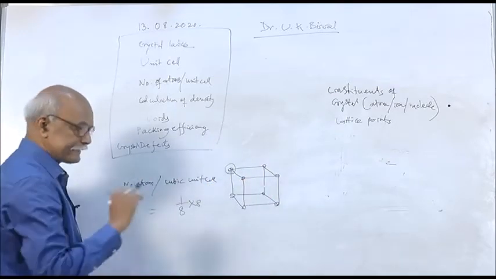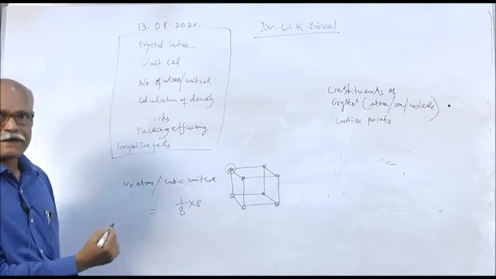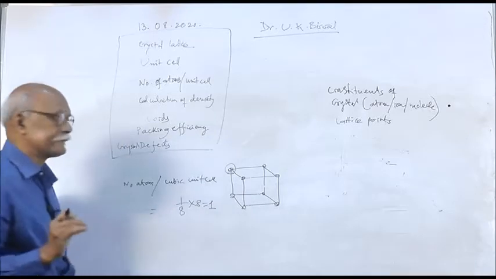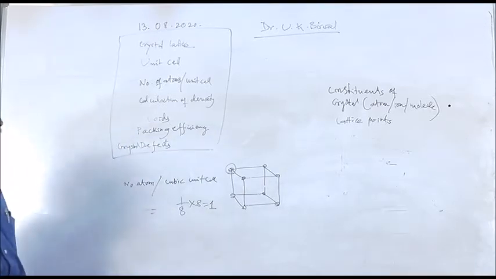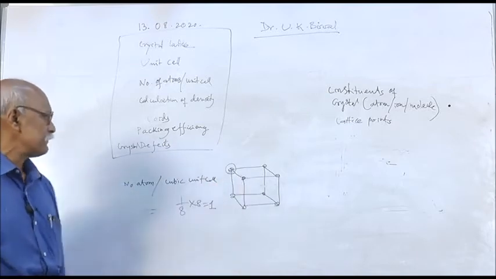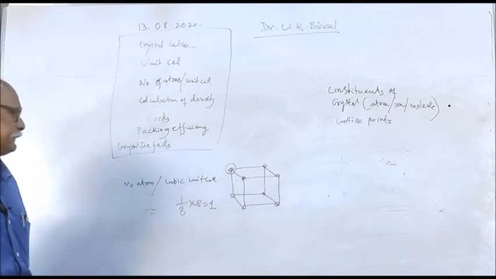So there are 8 corners. So 8 into 1 by 8 is 1. That means in a simple cubic crystal you will get 1 atom, not 8 atoms. It will not be 8 atoms, but 8 into 1 by 8.